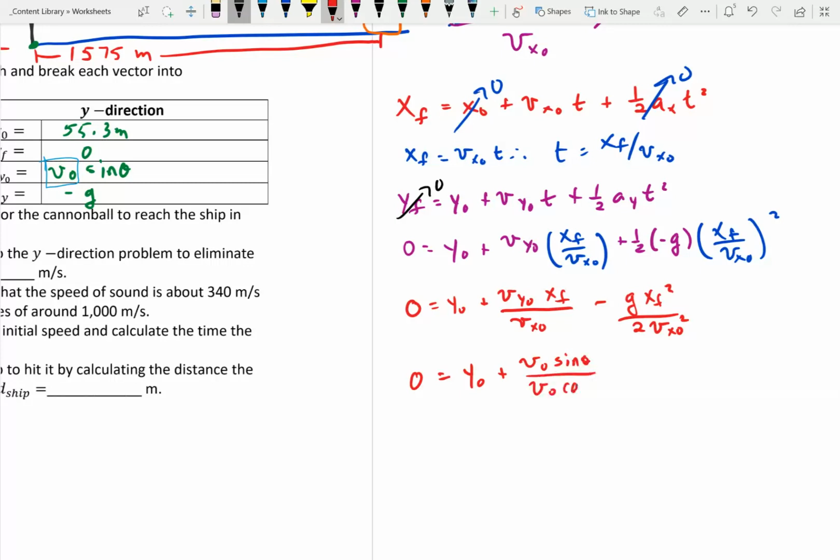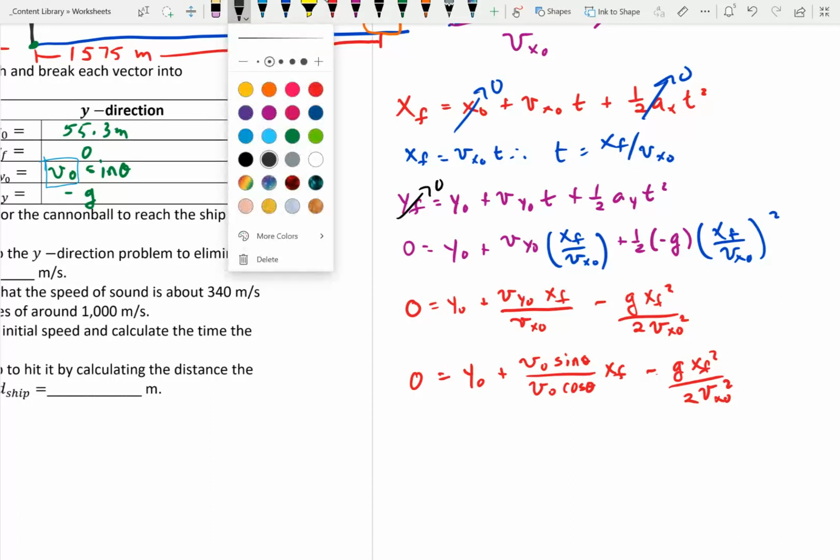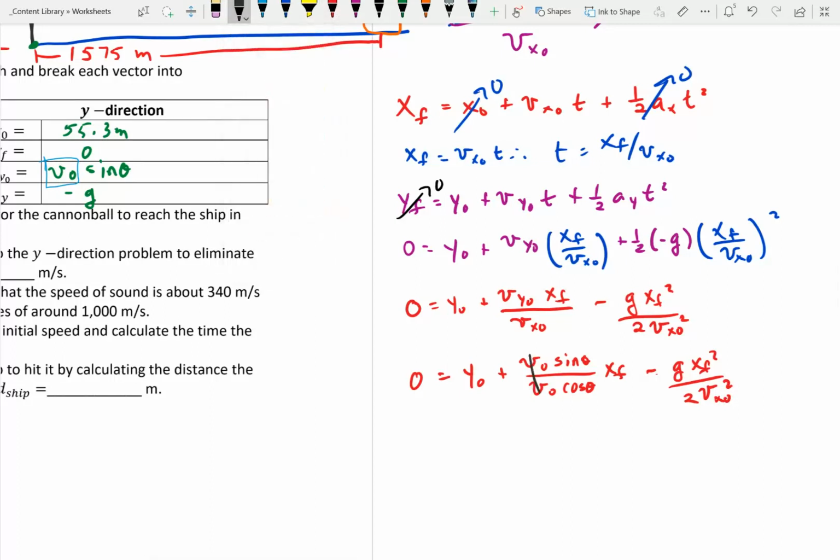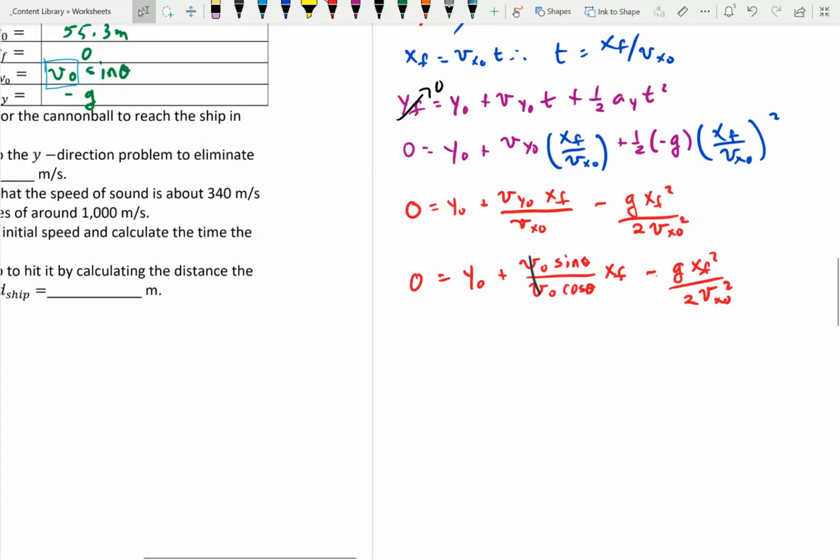Vx0 is v initial cosine theta. And so notice that my v0s actually cancel there. And sine theta over cosine theta is tangent theta. So I'm going to put the x final in front of the tangent theta.